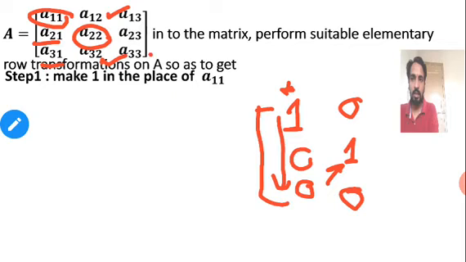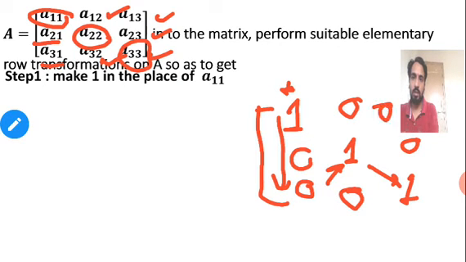Then next, A33 as 1, and after making that 1, A23 and A13 become 0. This way we are going to complete the identity matrix procedure. It is going to be done in this way.